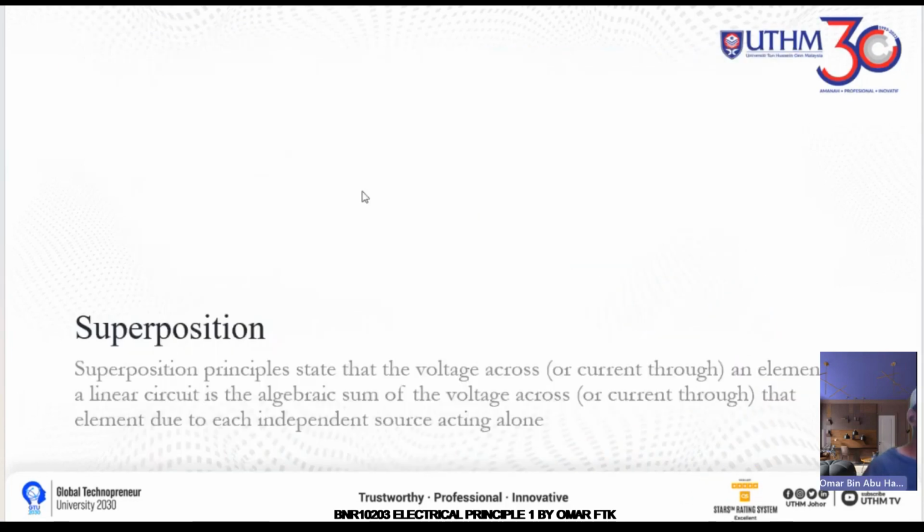Okay, then the second part, the superposition. Before this we looked into the linearity of the property, that's the definition.